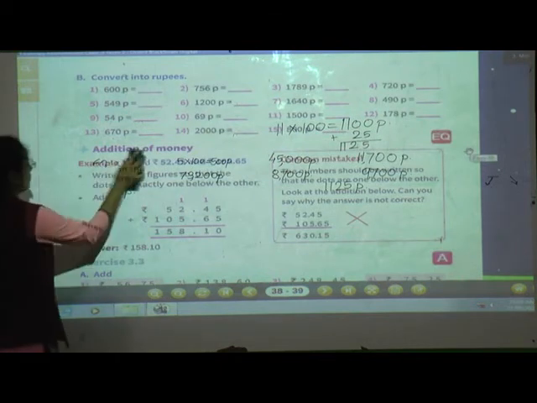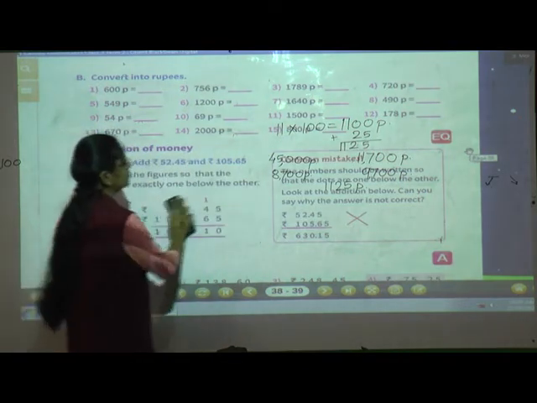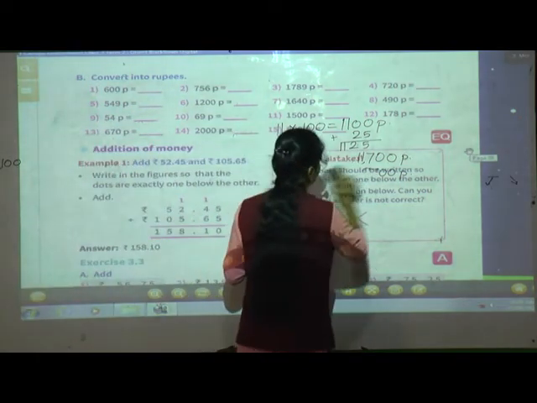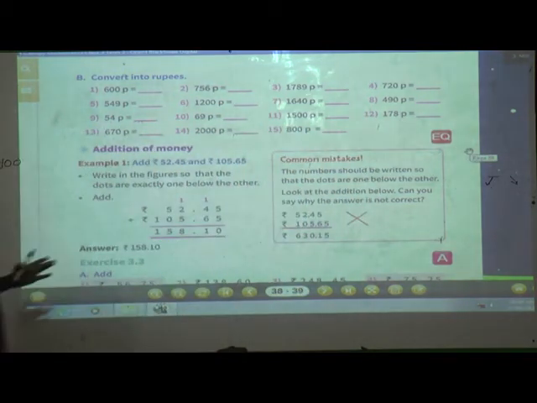See the B question. Convert into rupees. Now here they have given us the amount in paise and we have to convert it into rupees. So what do you have to do? See here, we have seen one rule to convert into rupees.